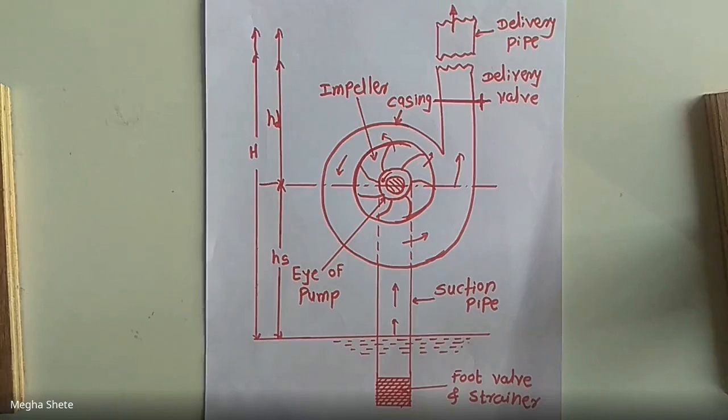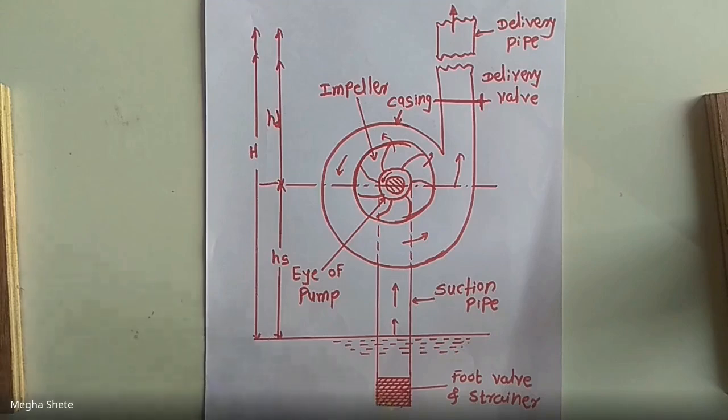A footvalve, which is a non-return valve or one-way type of valve, is fitted at the lower end of the suction pipe. The footvalve opens in upward direction only. A strainer is also fitted at the lower end of the suction pipe.